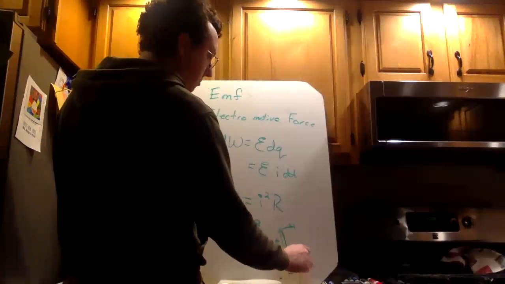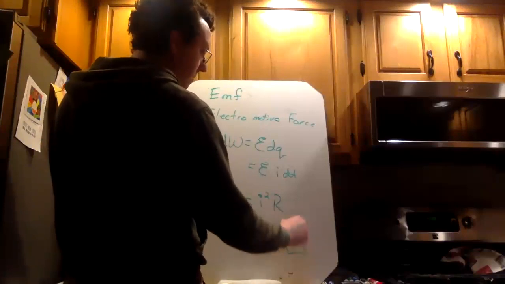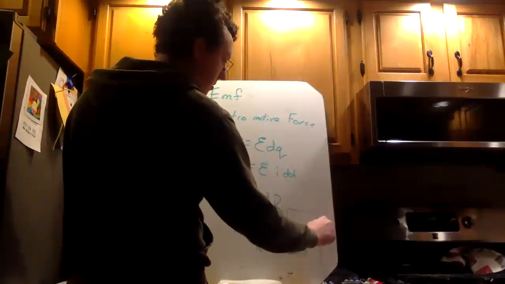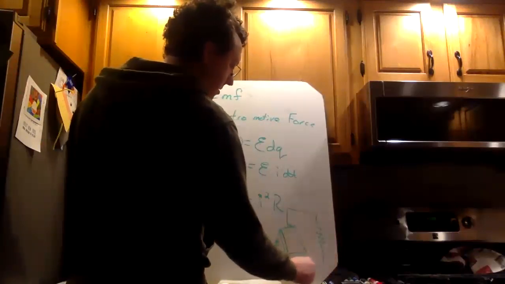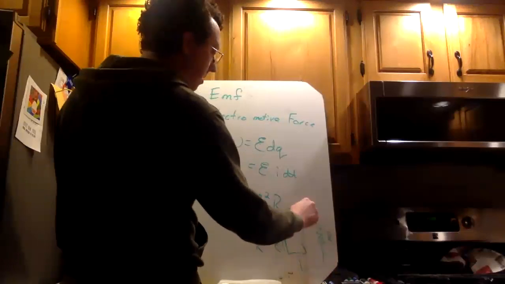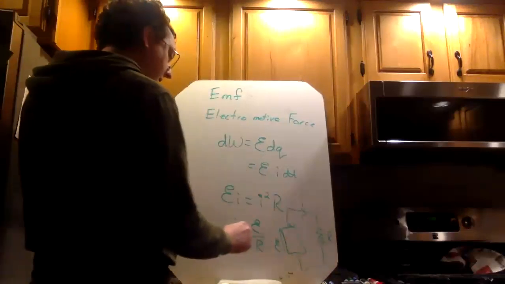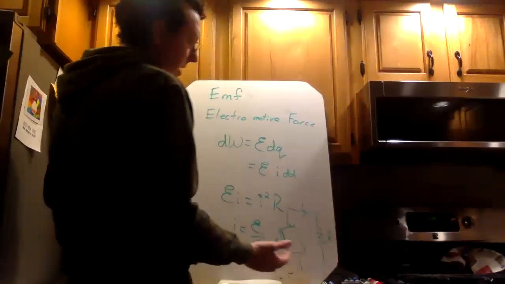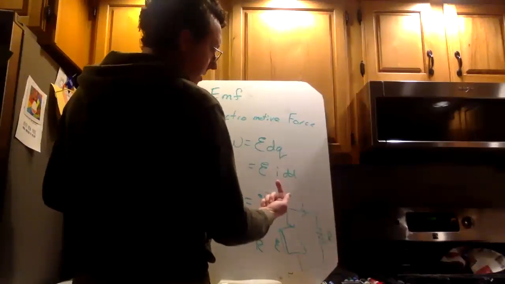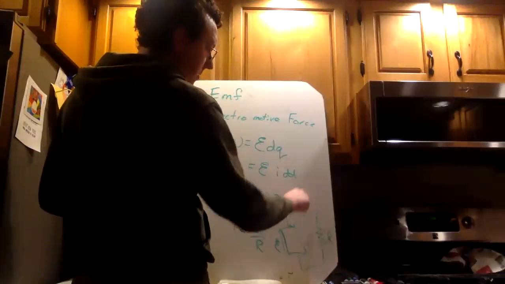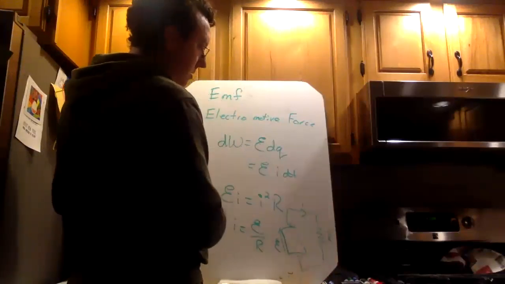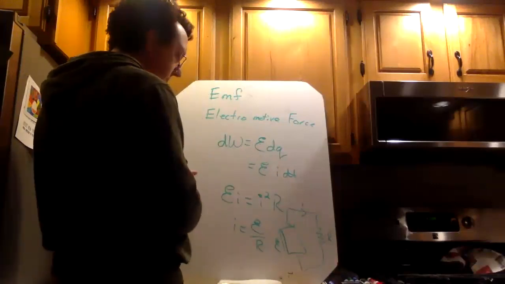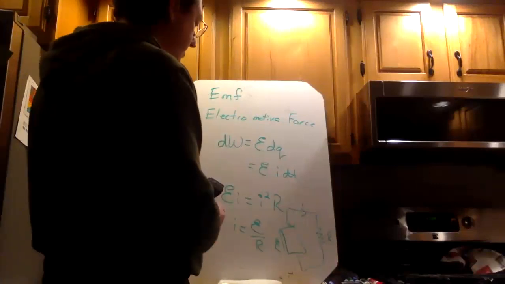As you move charge from the negative side to the positive side, you're doing work on it, and then you run it through a resistor of some resistance R, and they give rise to a current I. Basically, all the energy has to be accounted for, so the work done here is related to the drop in potential as you go across the resistor. Okay, so that's the idea.